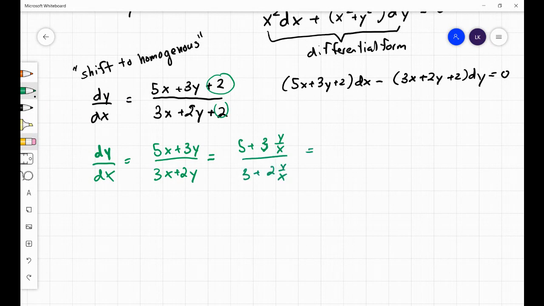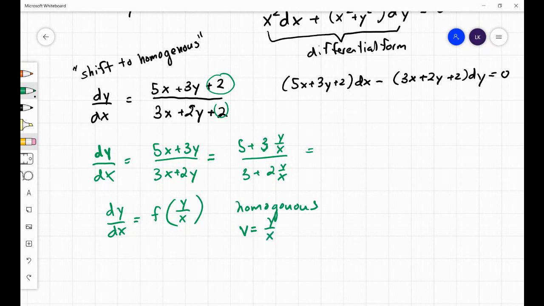and you see now that you have a differential equation in the form y prime is equal to not just a function of x and y, but rather a function of the ratio of y over x. That would be homogeneous, where we proceed by lumping y divided by x into a new dependent variable.